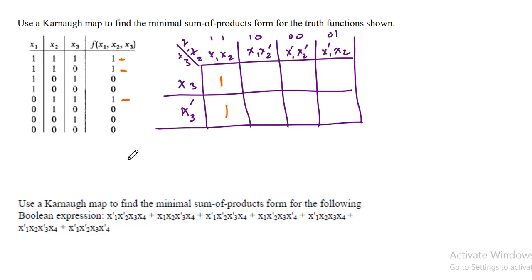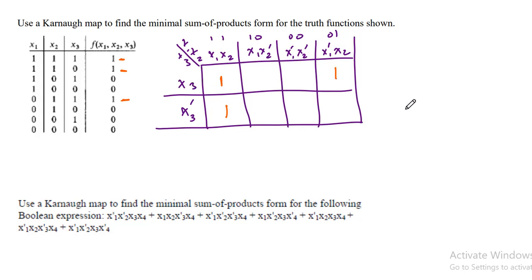So x1 not, x2, which is right here. Or you could think of 0, 1, 0. So 0, 1, 0, which is right here. I'm sorry, which is 0, 1, 1. So here is 0, 1, 1, which is x3, 1, which is right here.